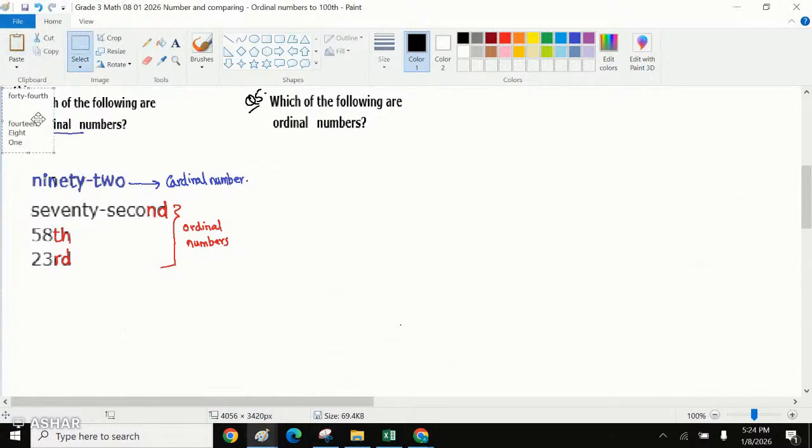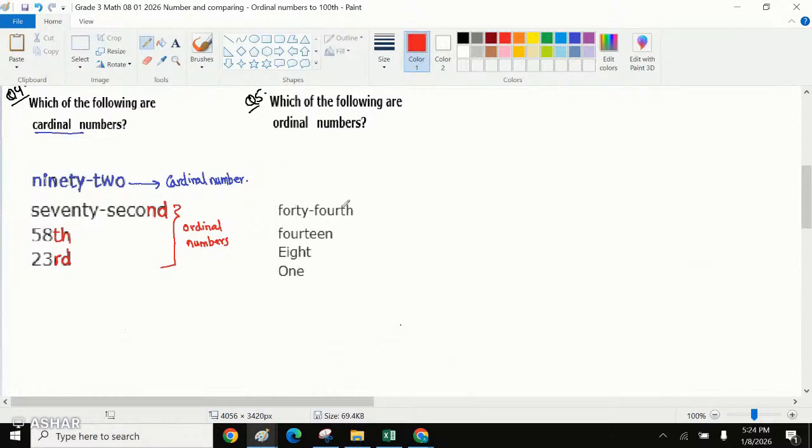These are the options given to us: 44th, 14, 8, and 1. The numbers ending with nd, th, and rd would always be ordinal numbers.